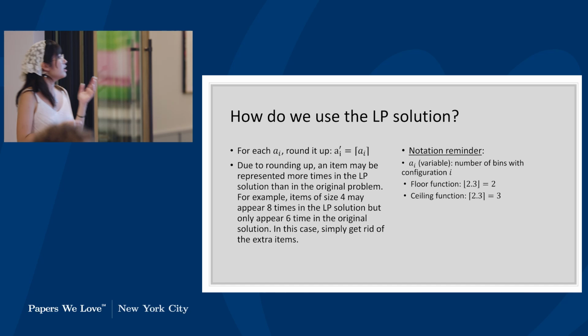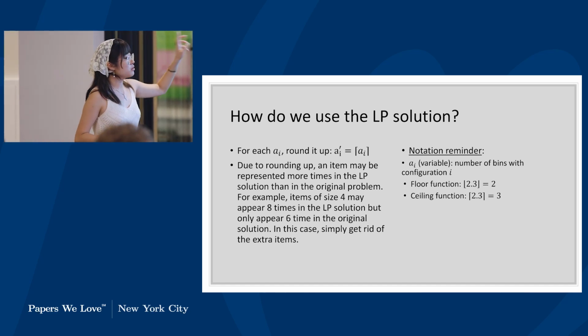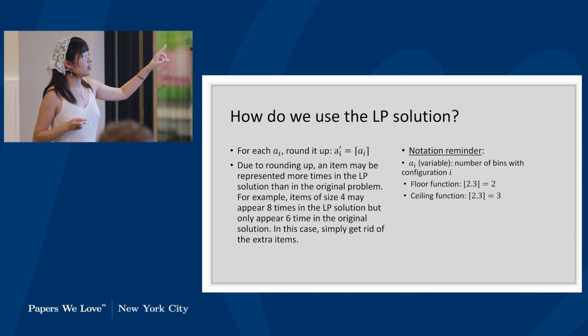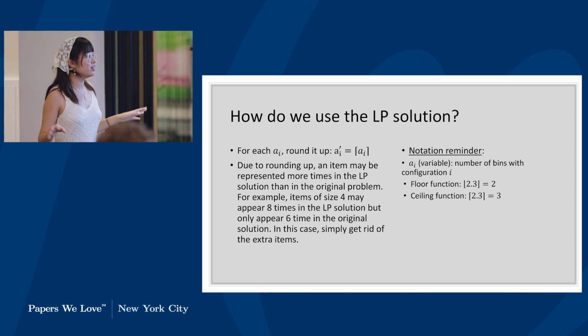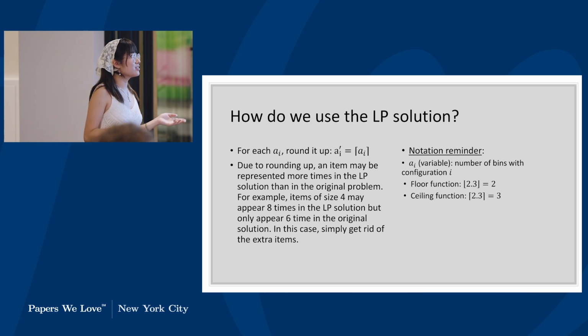Okay, so now that the computer has given us each a sub I, how do we use it to convert to an actual answer for our bin packing instance? So first, note that a sub I, they're real numbers, meaning they could be decimals. They could be like 2.1 or 3.45. But in real life, you can't open up half of a bin, right?